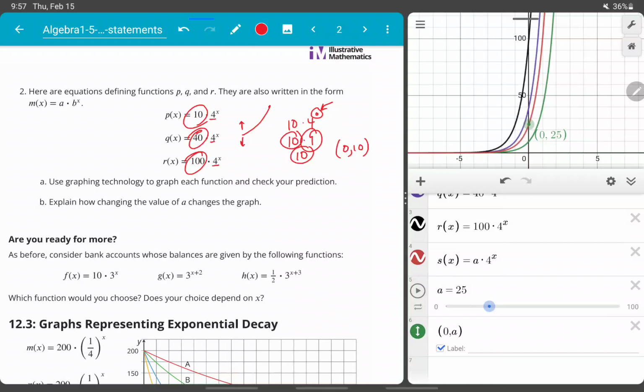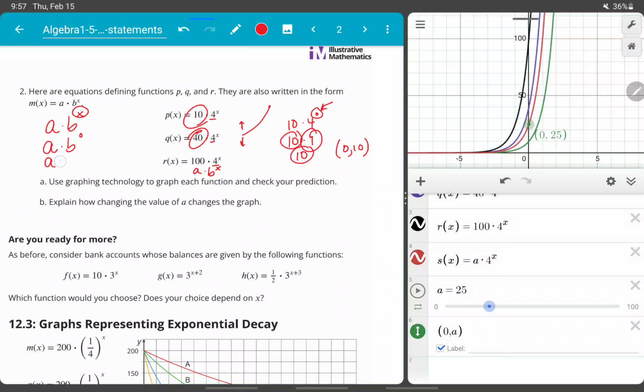So if we turn this into this expression where we have a times b to the x, if we think about what would happen, I'm going to do it over here since there's more space. If we have a times b to the x, then if we imagine what happens when x is 0, this is going to be a times b to the 0.